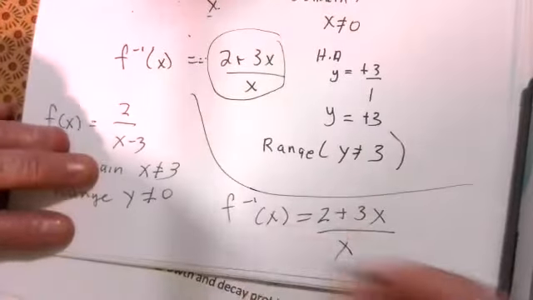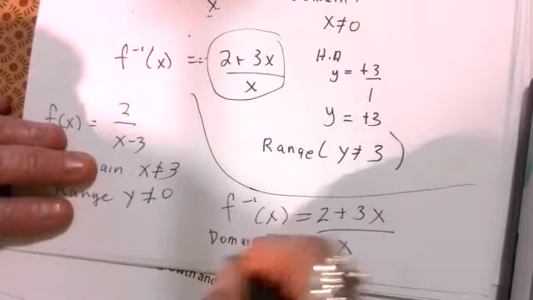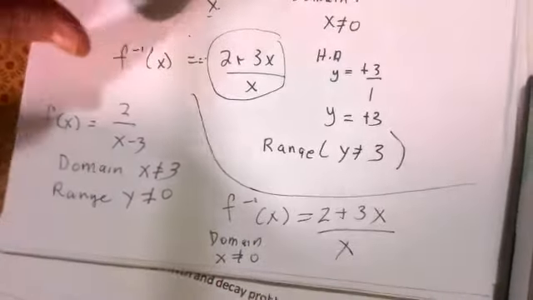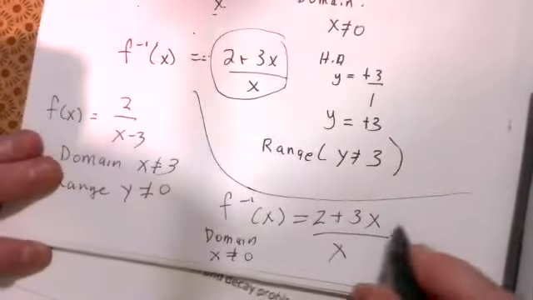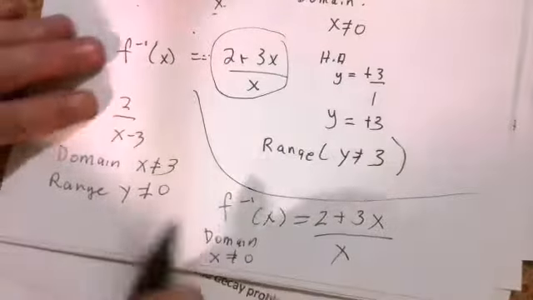Now, its domain is going to be, of course, you can see, x doesn't equal 0. And its range is going to be, remember how you can tell what the horizontal asymptote is? Do y'all remember that?